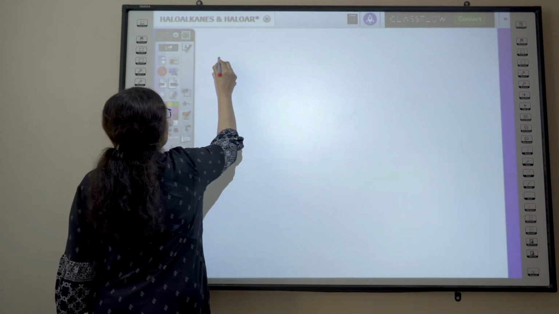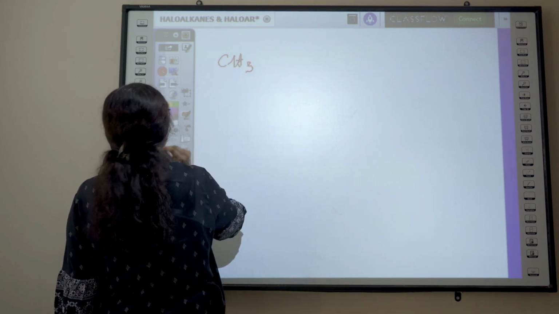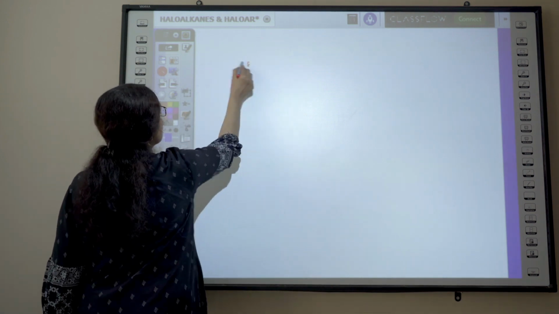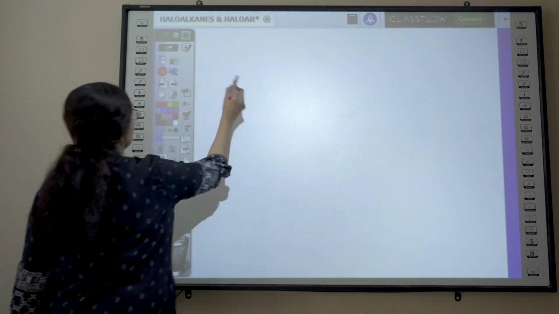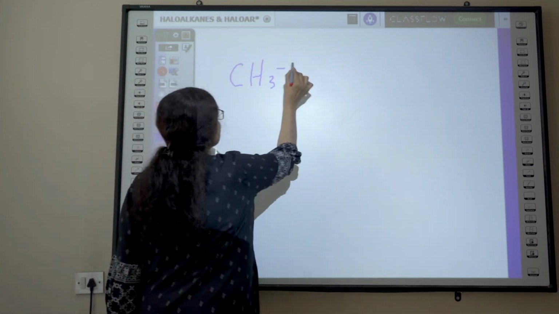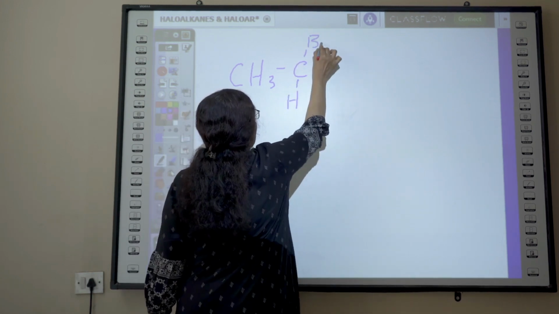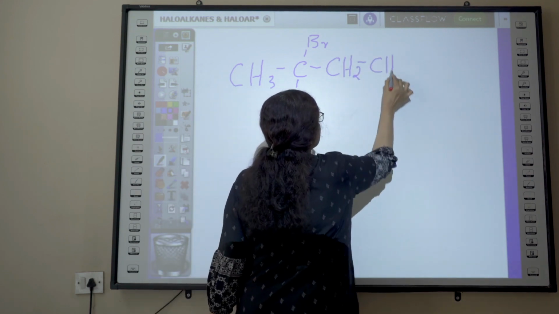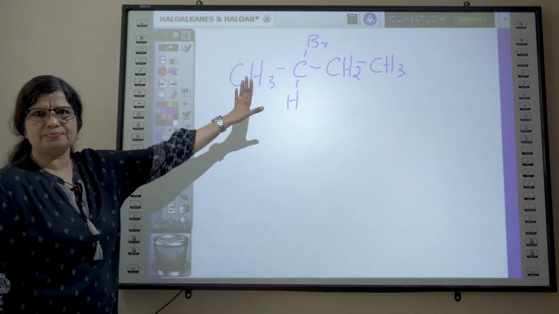Okay, so let's have, say, CH3, CH, Br, CH2, CH3. I have not drawn a perspective formula. I have just drawn a simple structure.